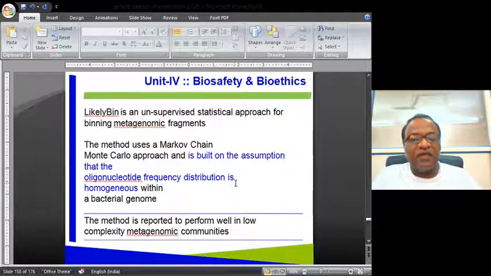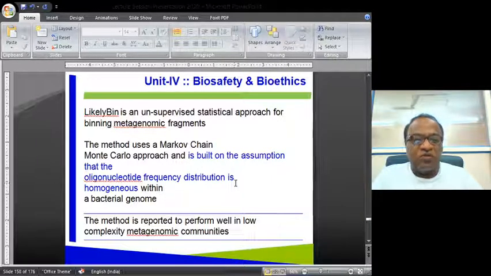So LikelyBin is an unsupervised statistical approach for binning the metagenomic sequences or fragments. And this method is reported to perform well in low complexity metagenomic sequences or communities.